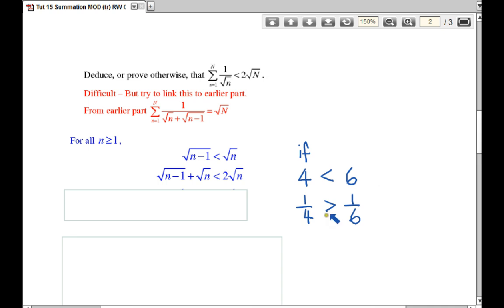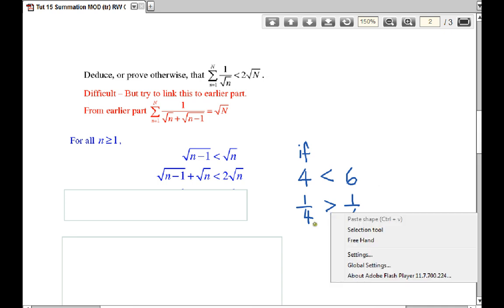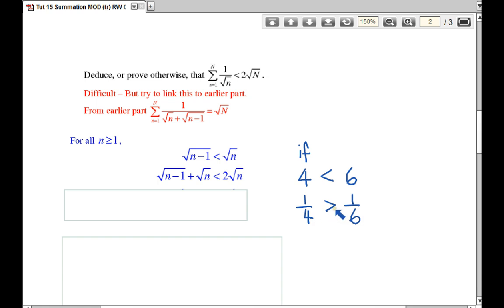So notice that I changed the inequality sign. Alright, so the next step will then be this. I take the reciprocal, but now I change the inequality sign. So now I have this inequality. Again, take note that the inequality sign is changed.